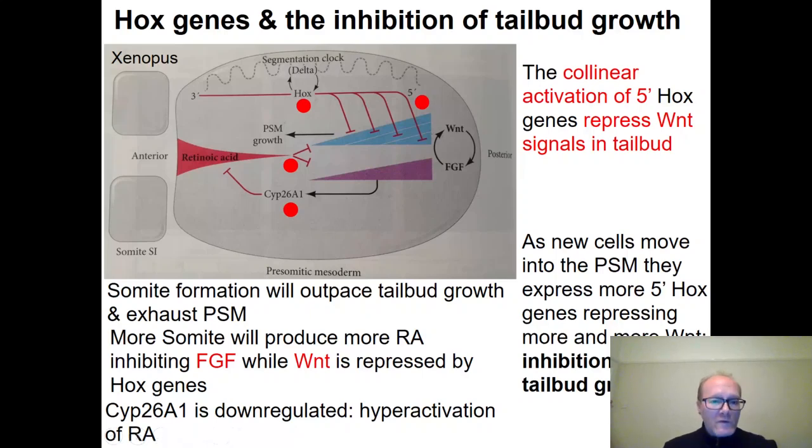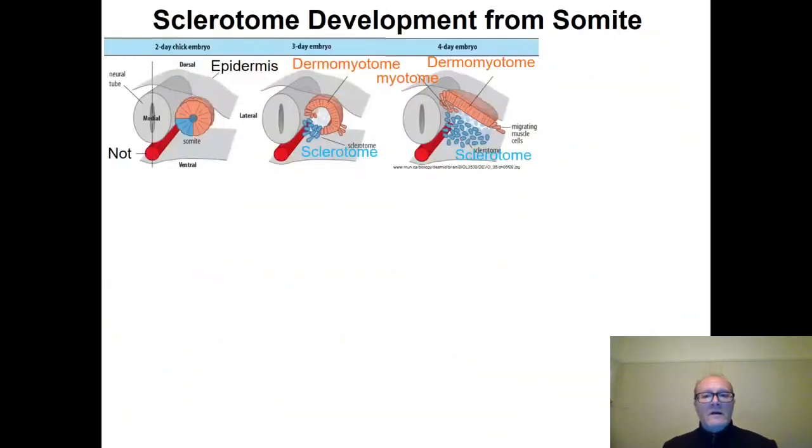Therefore, when we remove this repressor, we have a hyperactivation of retinoic acid. So when we have this hyperactivation of retinoic acid, that's it. The FGF Wnt signaling is shut down completely, and there is no more tail bud growth. So at the end of the day, the retinoic acid gradient wins against the FGF gradient. Fine.